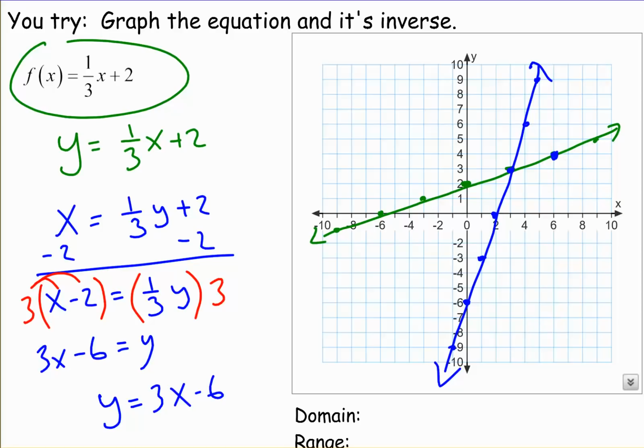That's 6, 4. What would its inverse be? 4, 6. Right there. And you can see every single point and its inverse. Domain, for linear equations, domain can be all real numbers, range, all real numbers.